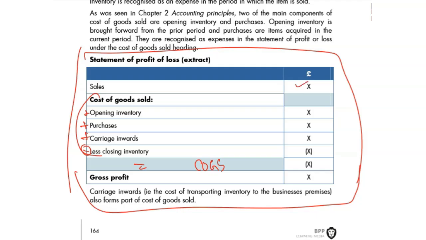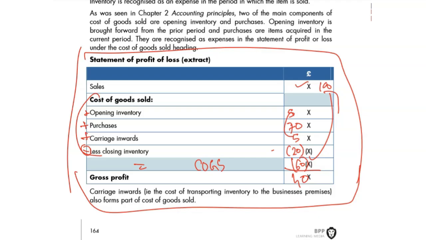Let's assume sales is £100. Opening inventory is 5, purchases are 70, carriage inwards is 5, and closing inventory is 20, which is deducted. So 5 plus 5 is 10, plus 70 is 80, minus 20 is 60, your cost of sales.